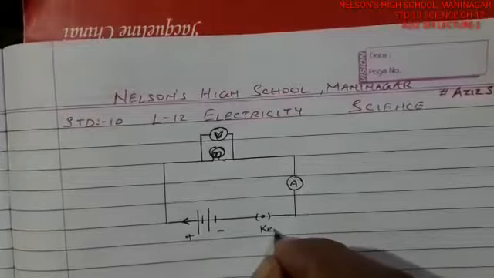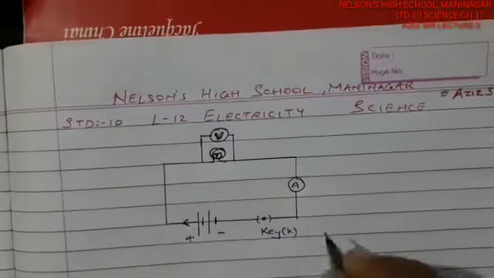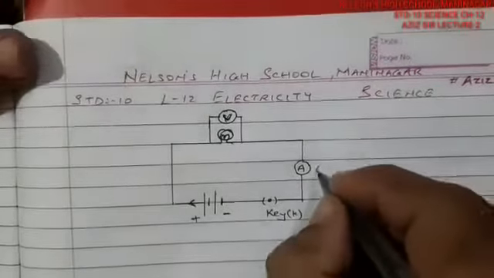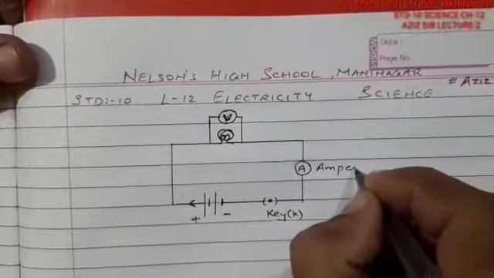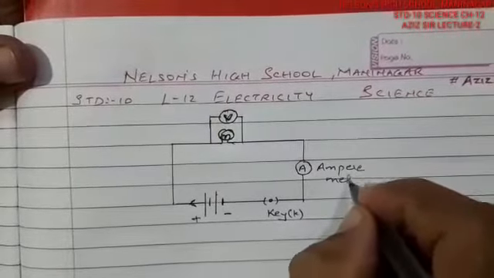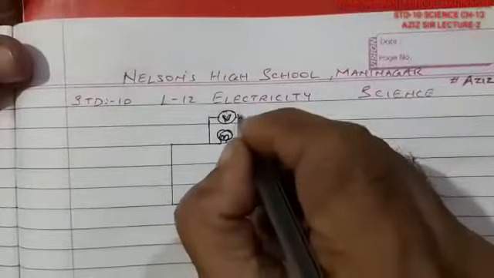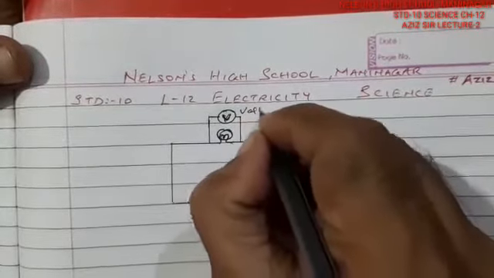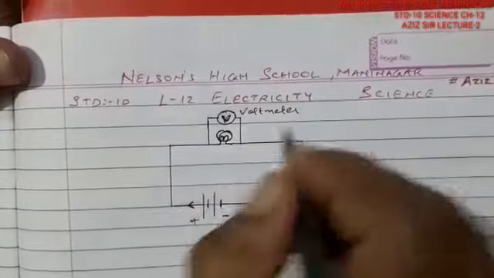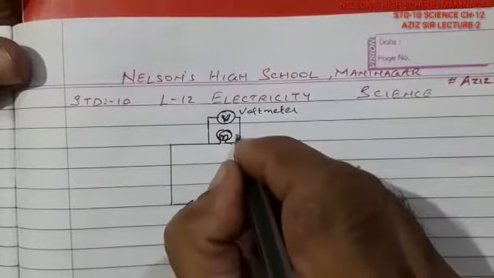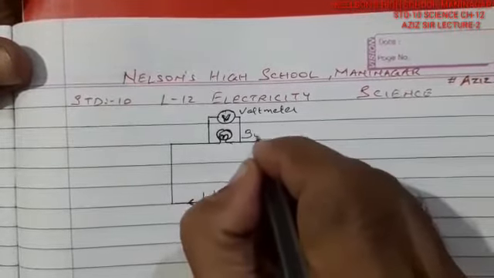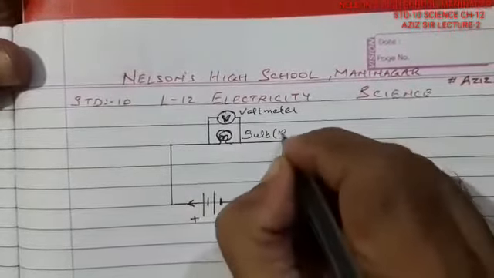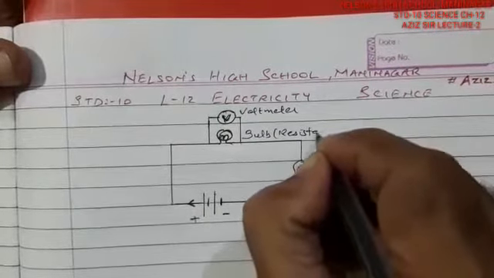This is called a key, represented by K, right? And this is the ampere meter, this is the voltmeter, and this is the bulb, or you can call it a resistor.